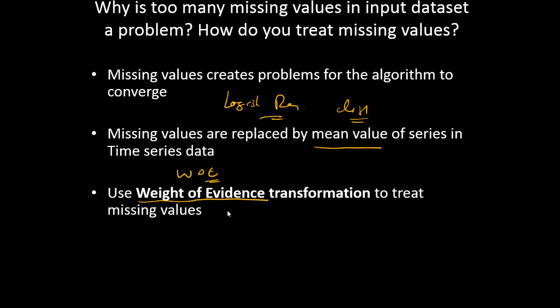Each continuous variable, and even categorical variables, can be converted into weight of evidence variables. Weight of evidence variables generally make sure that your continuous data is grouped into categorical variables, and the missing data is considered as one category.